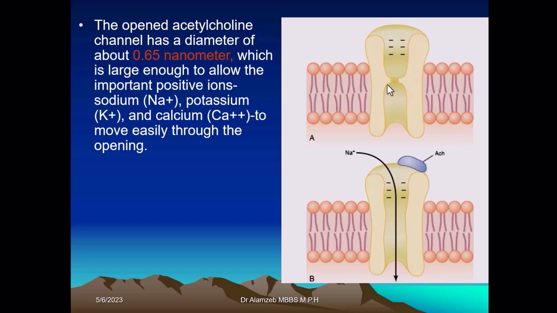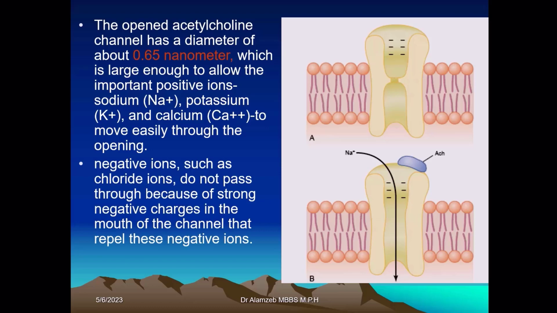This channel is normally closed, but when opened by the action potential it has a diameter of 0.65 nanometer, through which sodium, calcium and potassium can easily pass. Negative ions such as chloride do not pass through because of the strong negative charge in the mouth of the channel that repels these negative ions.